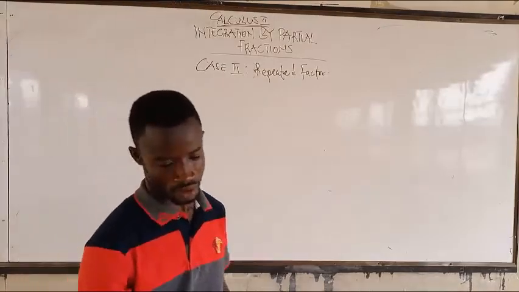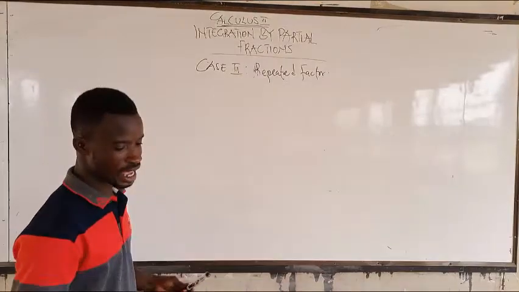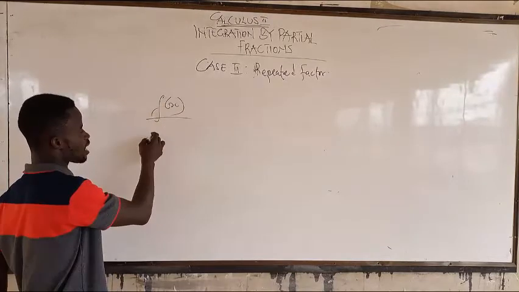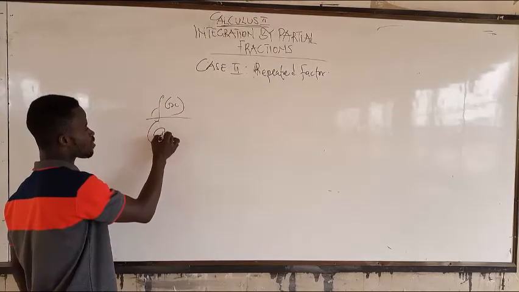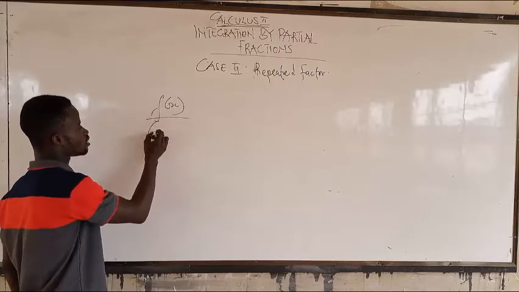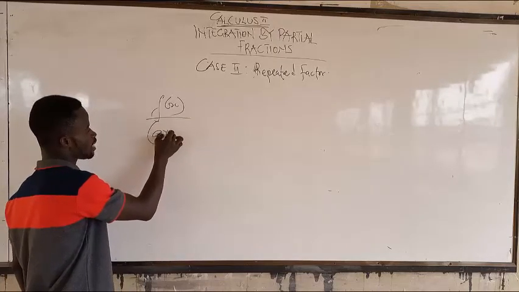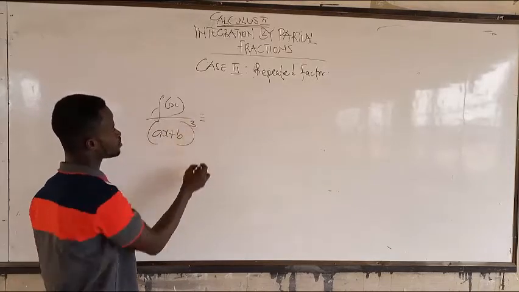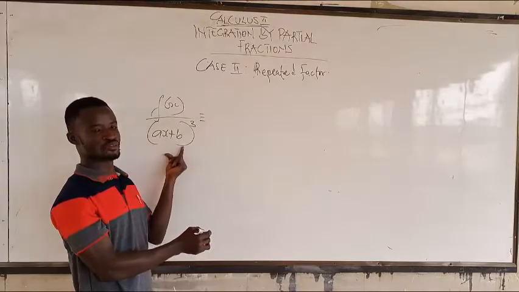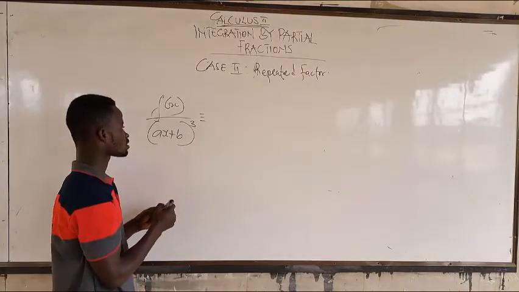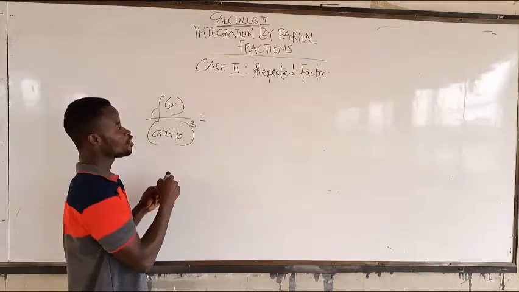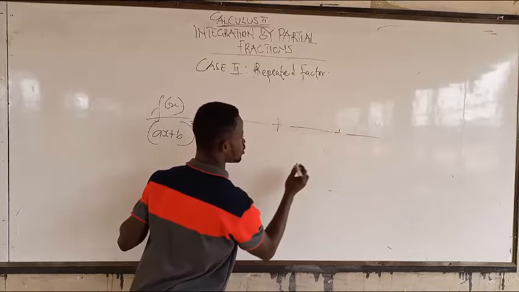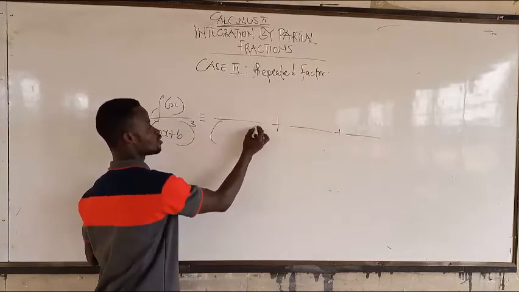So, when such a case happens, for instance, you have f of x over ax plus b power 3. This is going to be identical to, you see, it's a denominator with a repeated factor. The repeated factor will just be applied here.